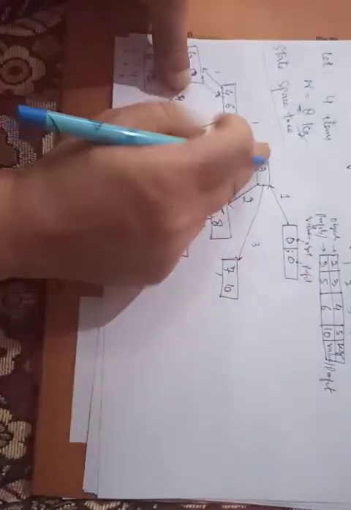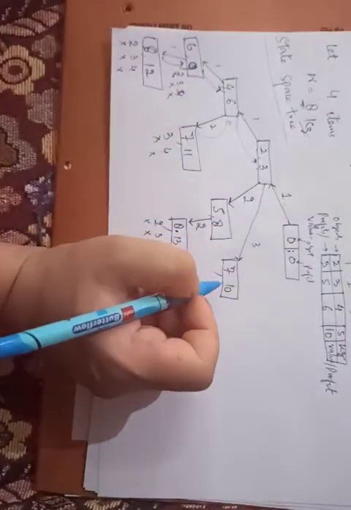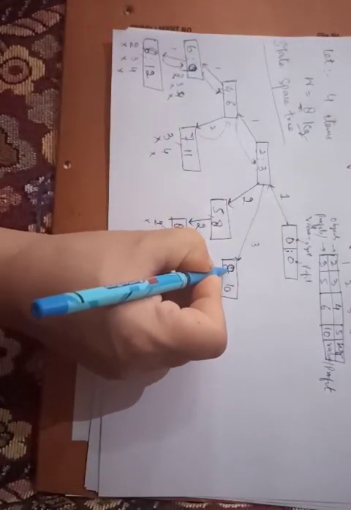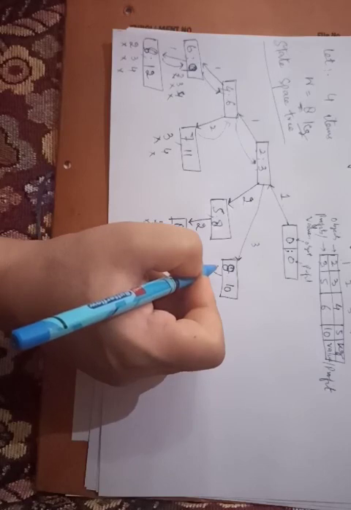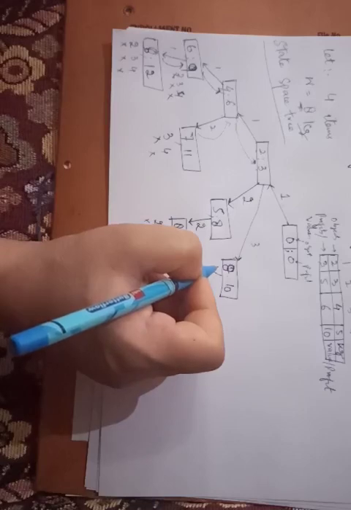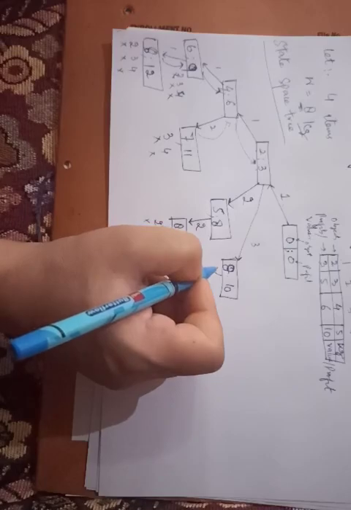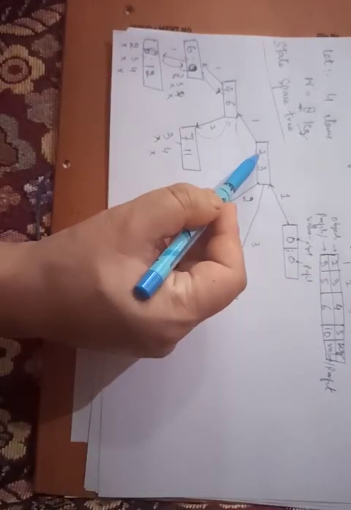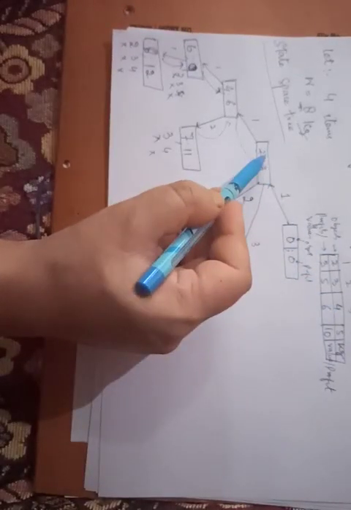Plus 6, 6, 7, 8. This is 8, sorry. 3 plus 5 is, मैंने ऑब्जेक्ट 3 ऐड किया, सो 2, 4, 5, 6 is the weight, and 6, 7, 8, 9.